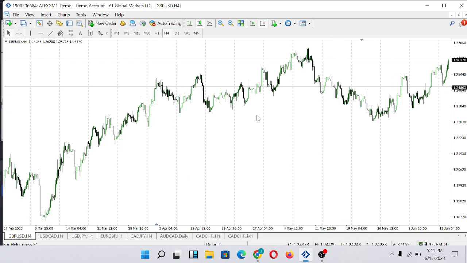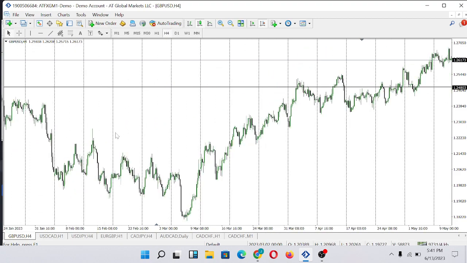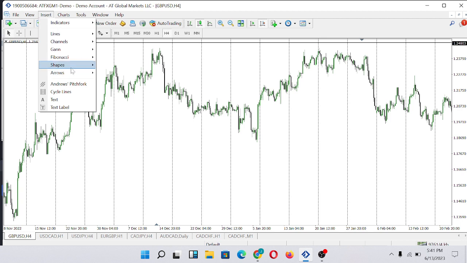Do you understand? I'm trying to see if I can get an example. Okay, look at this, like this, right? It's ranging, but doing as if it's coming down, right? But it's still like a ranging market. I don't know if this is good enough, but this is also a ranging market, the straight one.